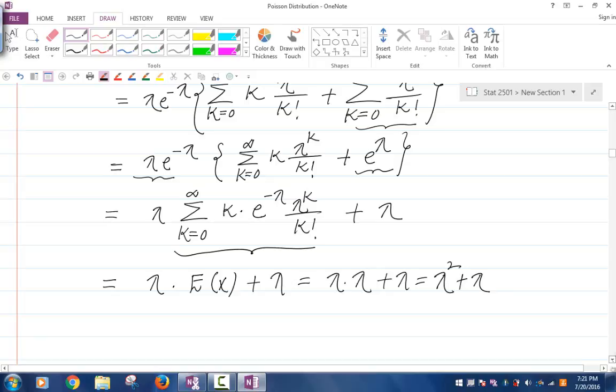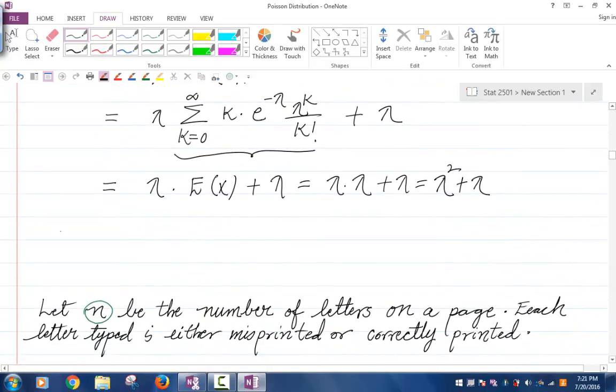So what we have obtained now is that the expectation of x squared is lambda squared plus lambda. I'm going to make a little bit more room.